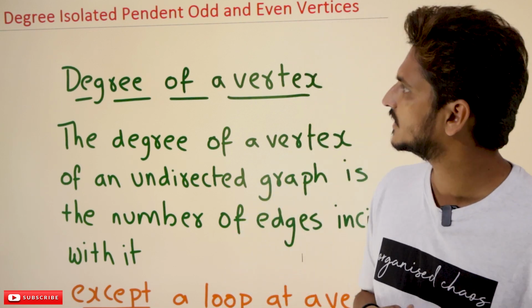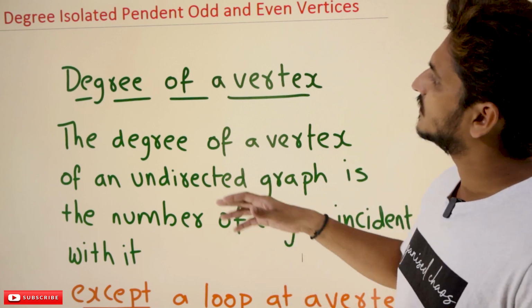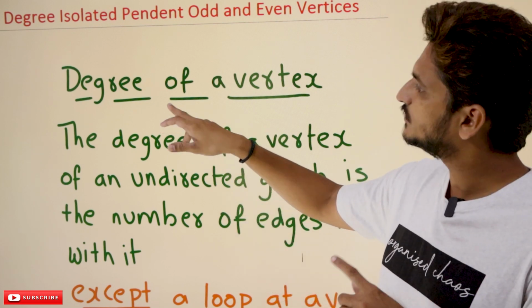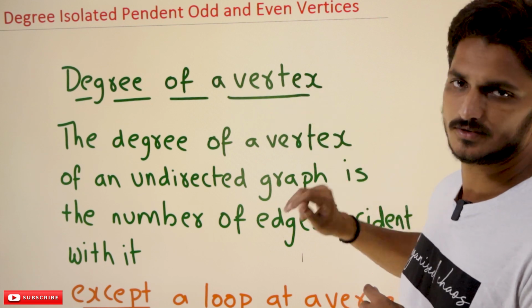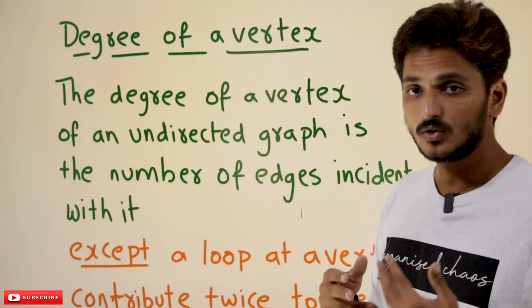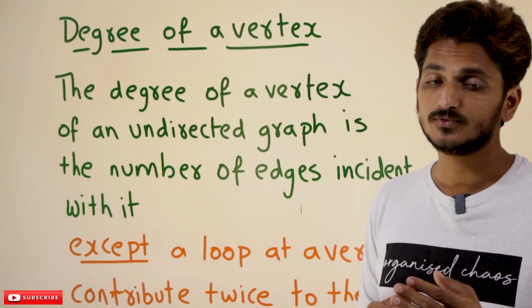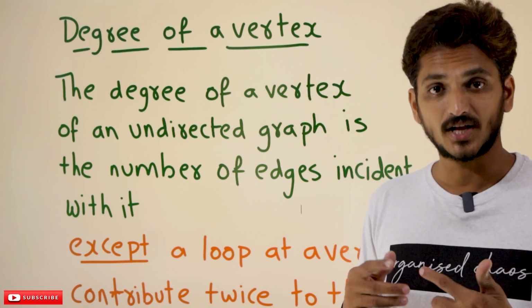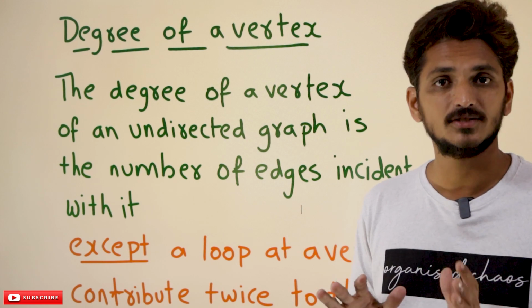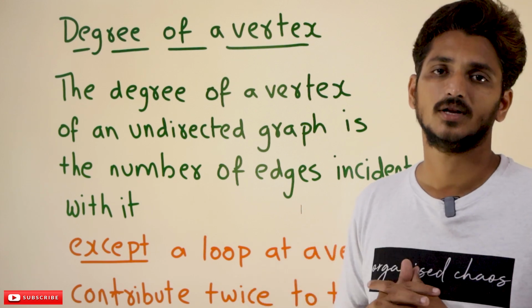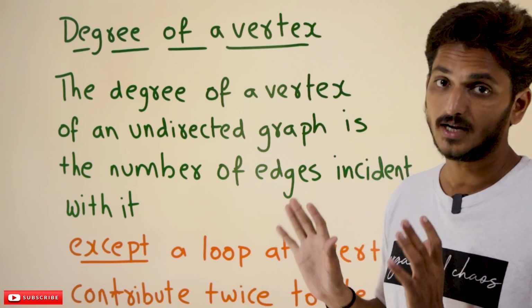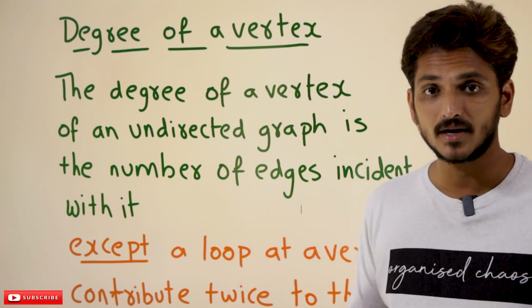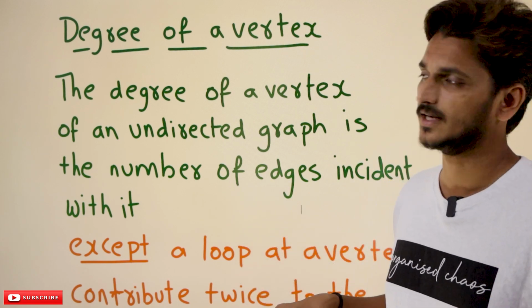Coming to today's class, first we need to understand what is meant by the degree of a vertex. Here we are going to identify the degree of a vertex for only undirected graphs. If it is a directed graph, identifying the degree is different, which we are going to discuss in our next classes. For undirected graphs, what an undirected graph is was discussed in our previous class.